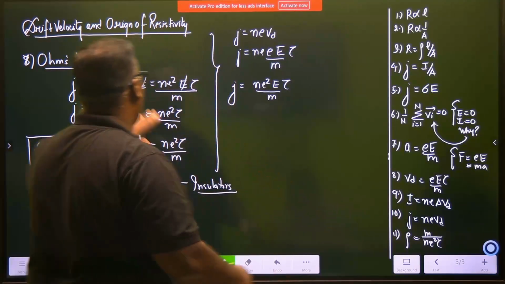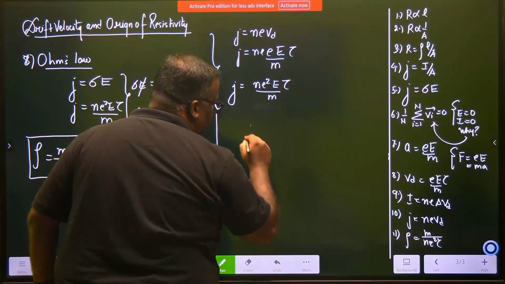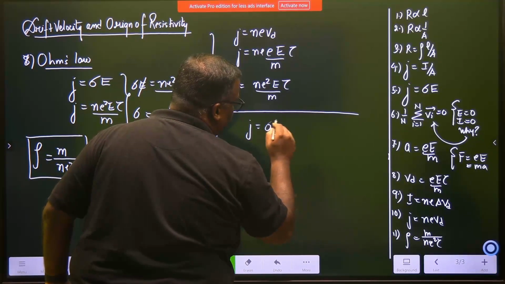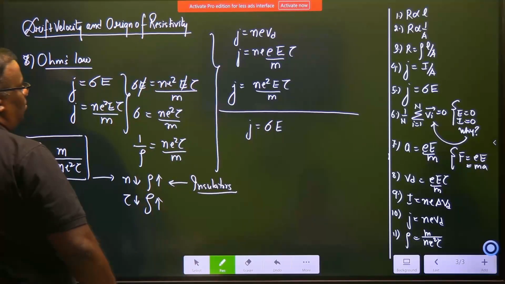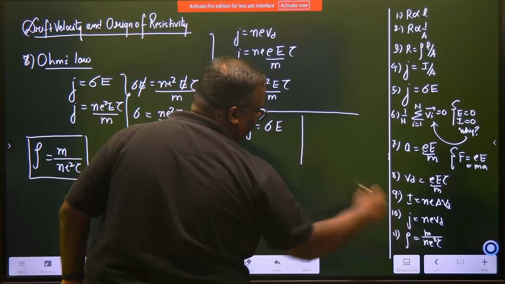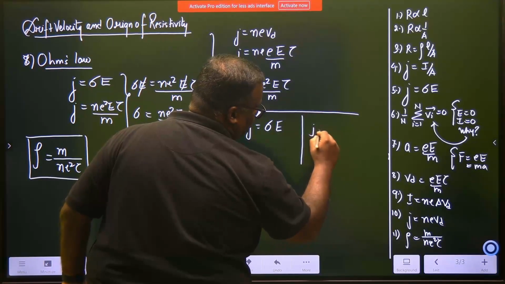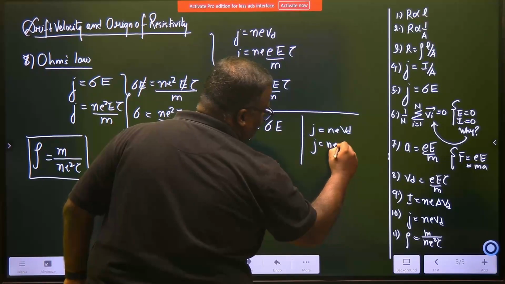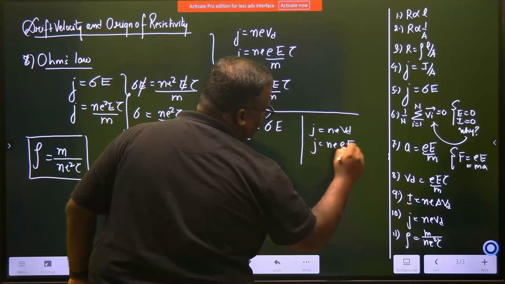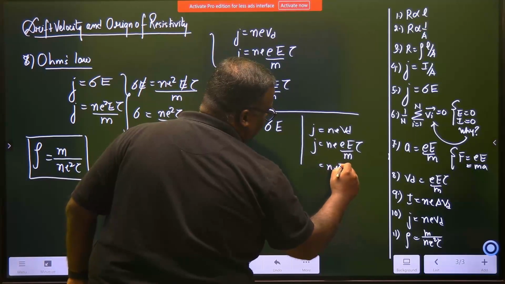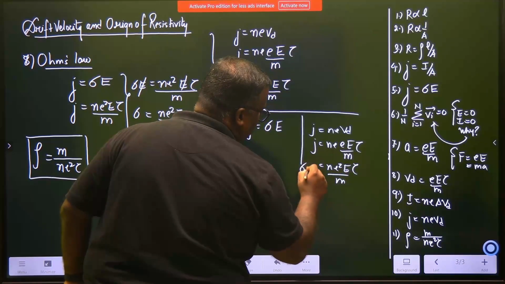If you have any doubt from here, always remember, J is equal to sigma into E. This is one definition that we know. And the other definition that we know for J, which you have just found out here, J is also equal to N e v_d, which is N e squared E tau divided by M. You bring sigma E out here.